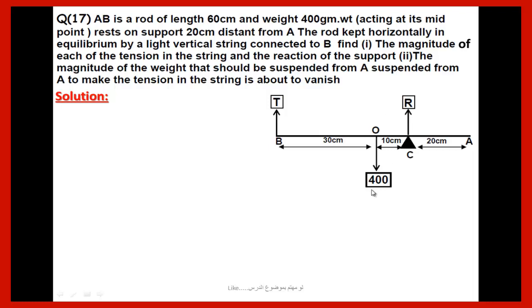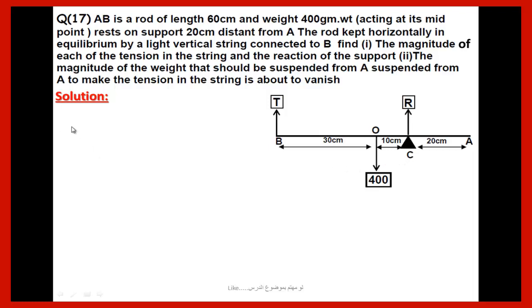It is the first step. Then we take the moment about any point. It will be equal 0 because the rod is in equilibrium. So the sum of moments of all forces equals 0 about any point.